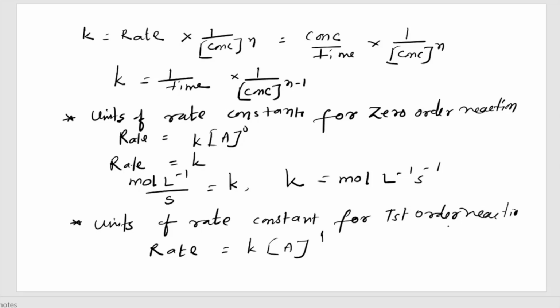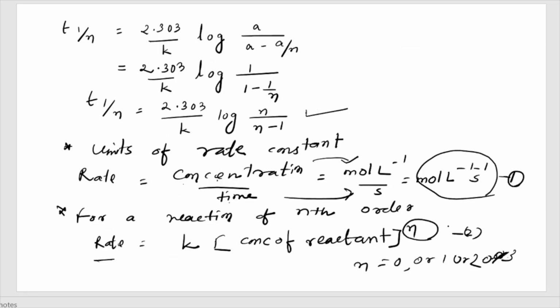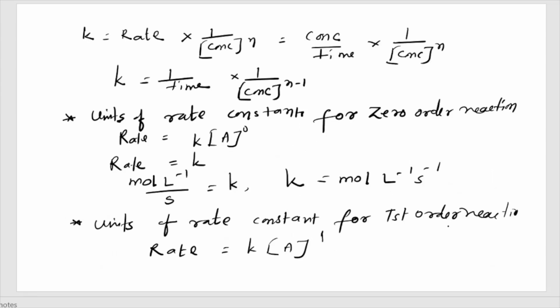See again: the rate equals K concentration to the power n, then K equals rate into 1 by concentration to the power n. After calculation, what is the value?